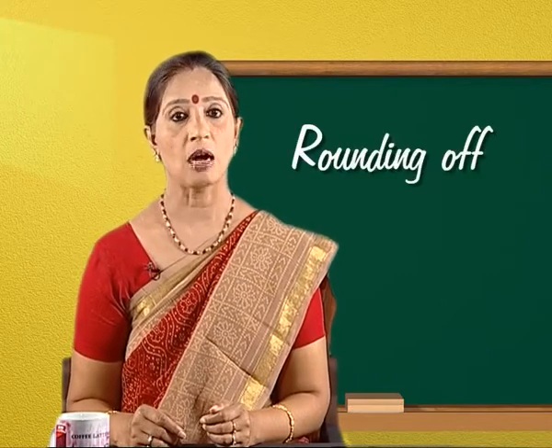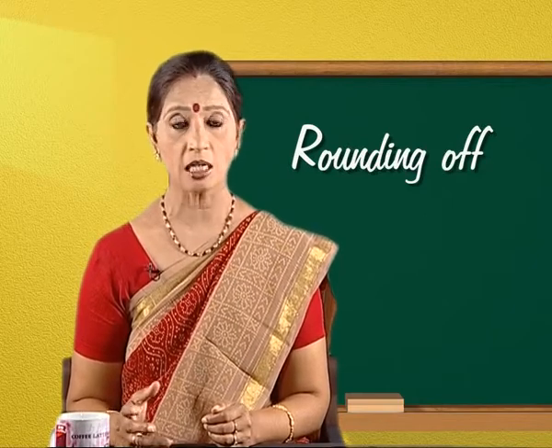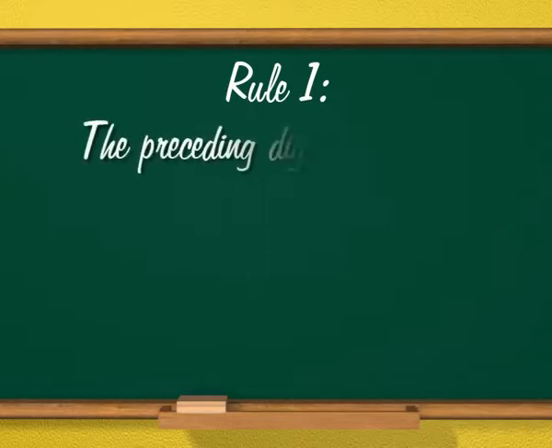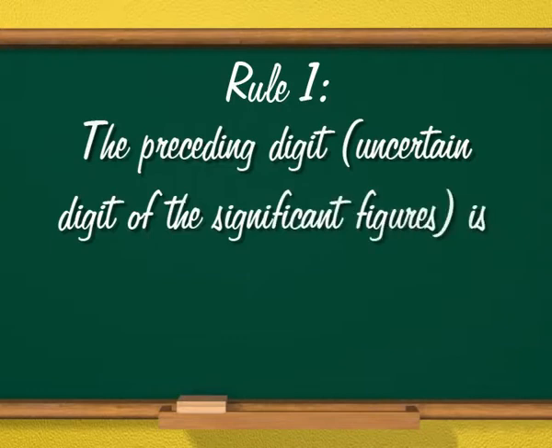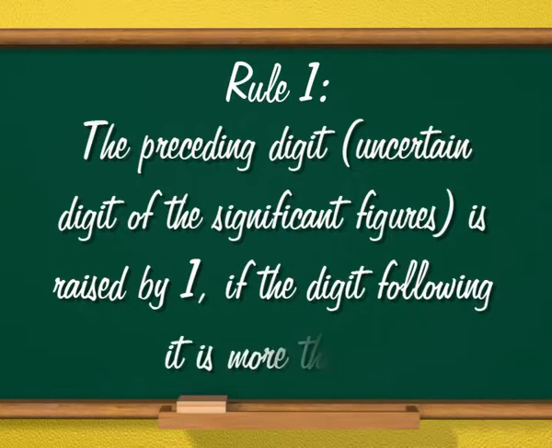The rules for rounding off the numbers to the appropriate significant figures are: Rule 1, the preceding digit, that is, the uncertain digit of the significant figures, is raised by 1 if the digit following it is more than 5.